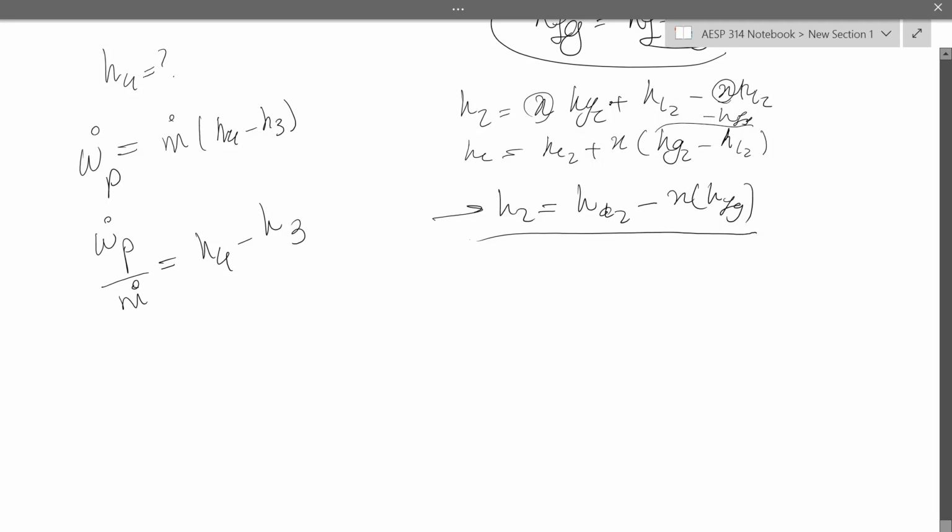Any ideas? Think about it. Is there any other formula we have that is going to help us calculate the work?